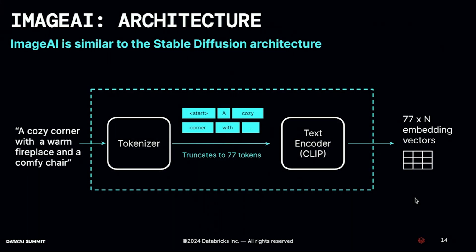And the input to the text encoder portion is the string input. So if I'm going back to my example, a cozy corner with a warm fireplace and a comfy chair, this gets fed into the first component, which is a tokenizer. And the tokenizer here splits the input string into tokens that the text encoder can then consume.